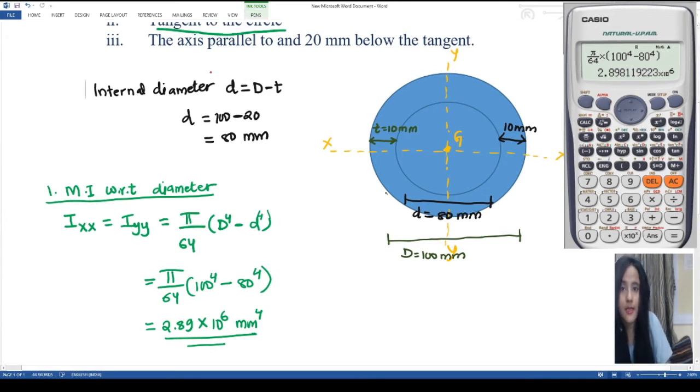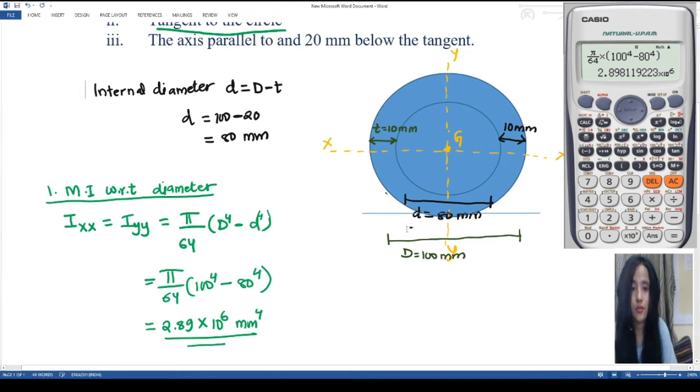It has not mentioned the distance, so let us say that this tangent is running parallel to the base, a line running straight from here.